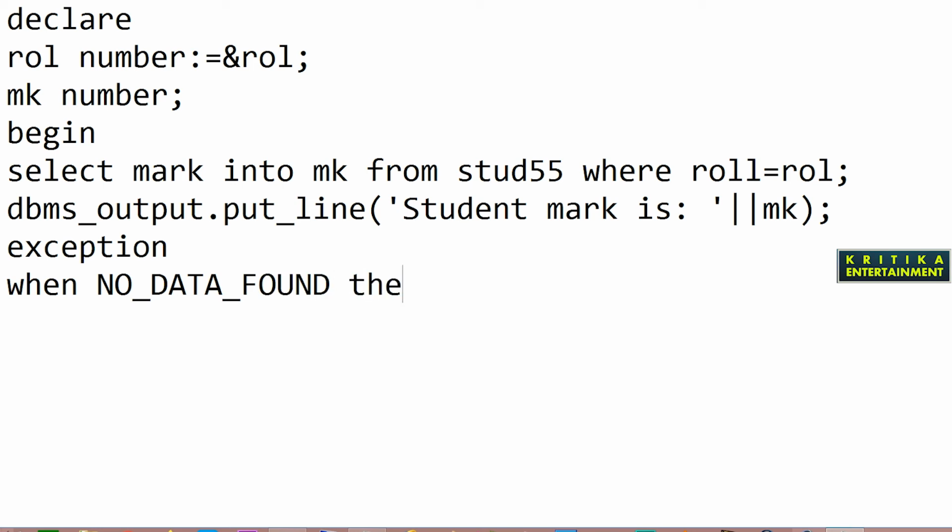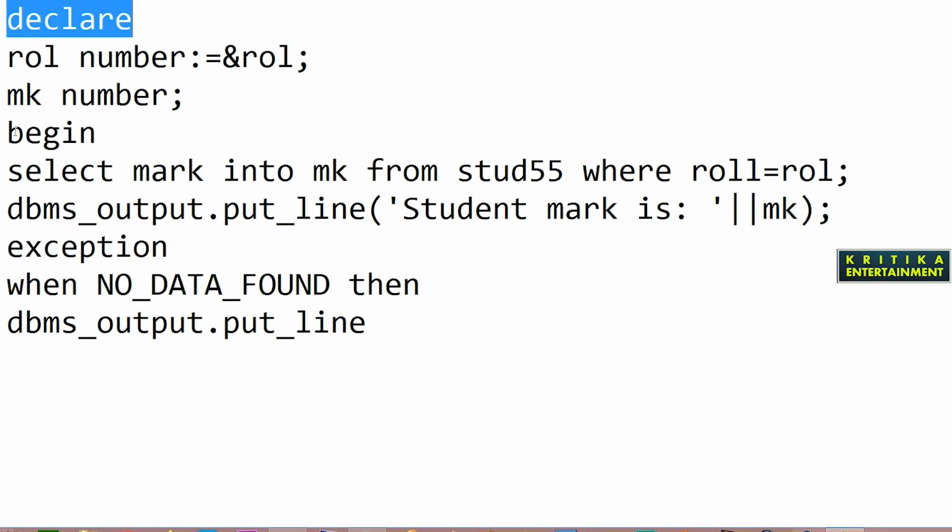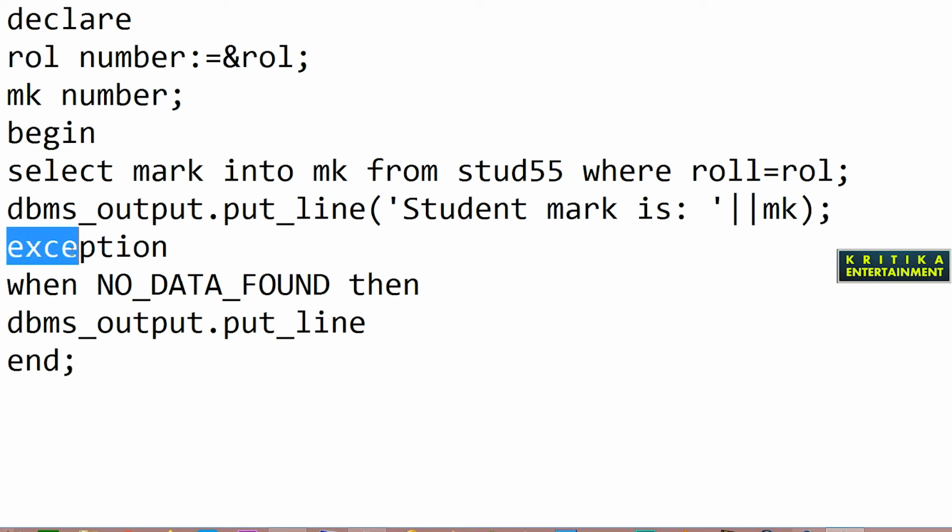Then dbms_output.put_line. In the dbms class I have already told you the sections: declare, begin and exception, and at the end we find the end. Exception and declare are optional.